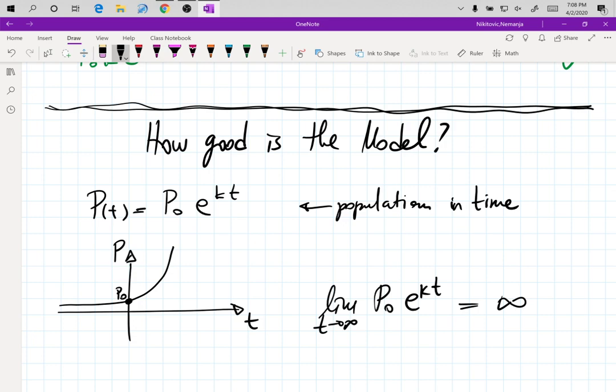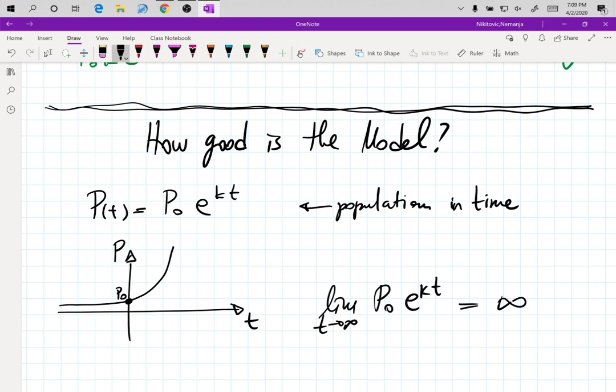Hell no, right? Hell no. Because the planet has a finite surface area, finite resources. You cannot fit infinite of anything into a finite container. Forget about it, right? So the model is ultimately garbage. It's good on a short run.